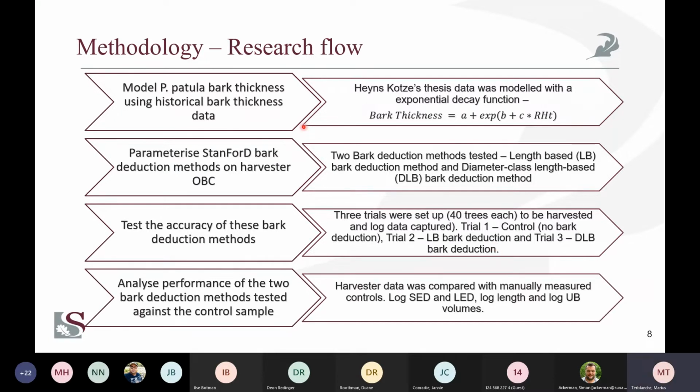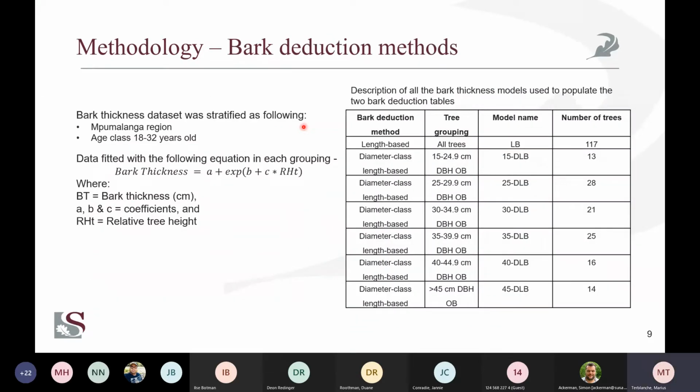Then we analyzed the 2 bark deduction methods against the control, comparing the harvester's log small end and large end diameters versus a manually measured control. We also looked at log length measurement accuracy, basically what the harvester measures compared to a manual measurement, and then also the underbark volumes and how that was influenced by the bark deduction methods.